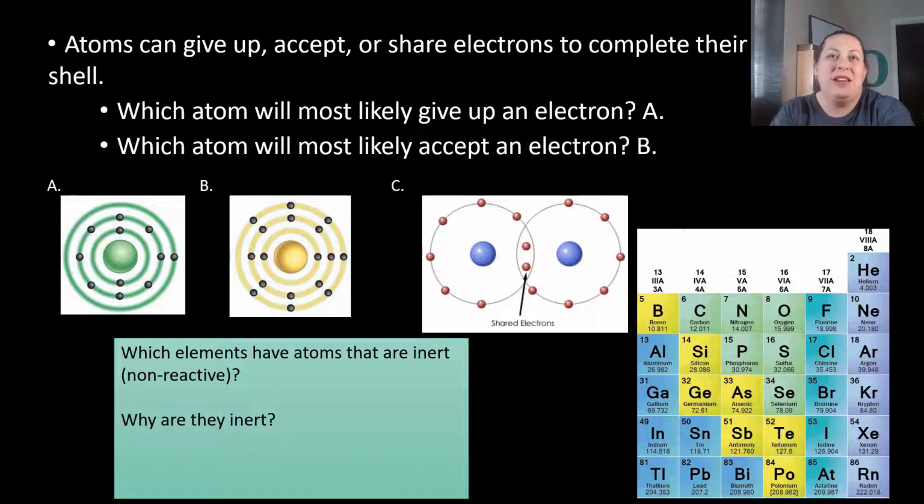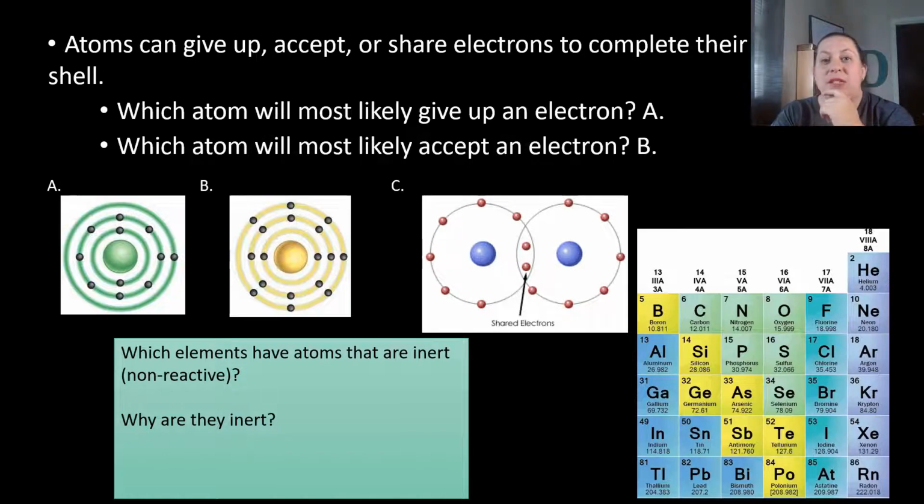Well, guys, it depends on how many are in that outer shell. Okay, if you look at A, there's only 1. Is it going to be easier to give 1 away or to get 7 more? It's going to be easier to give 1 away. Whereas if you look at B, it has 7, it only needs 1. It's going to be easier to get 1 than to give 7 away. And C, guys, they're already sharing. So that's not going to happen.